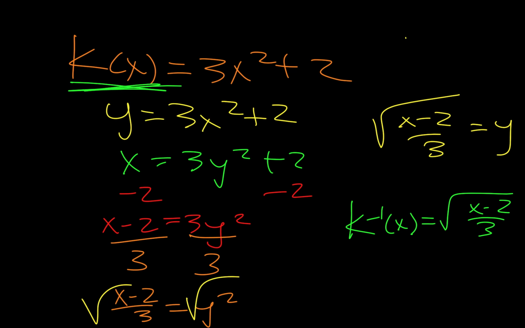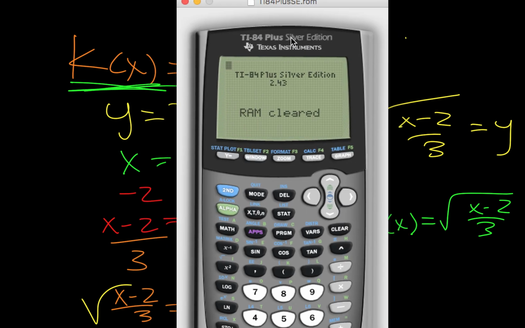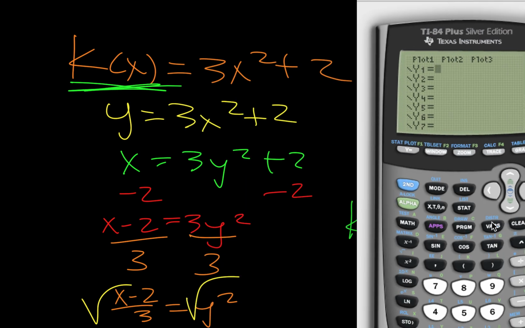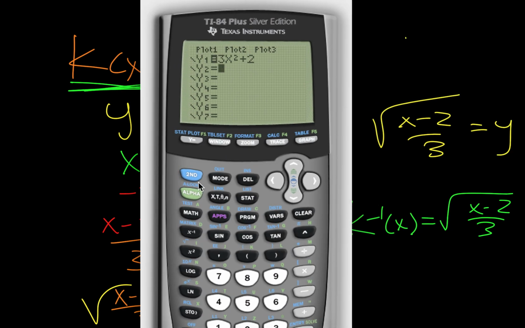Now I'm going to open up the calculator just to show you what these look like. So I'm going to graph the original, which was 3x squared plus 2, and then I'm also going to graph the inverse, which was the square root of x minus 2 divided by 3, and let's look at that.